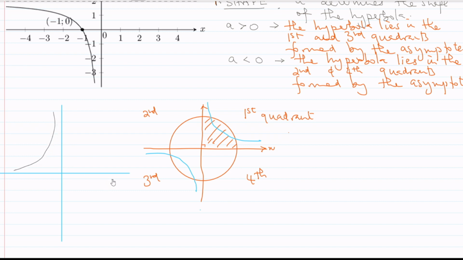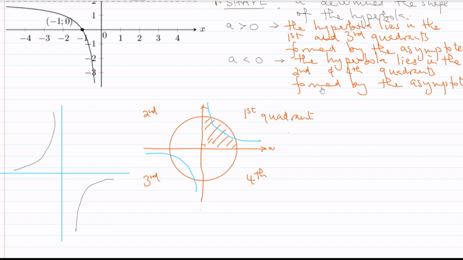So you can see here, I don't have to necessarily write in the circle. So we treat this as the first quadrant, second, third, fourth. So our graph lies in the second and fourth quadrants, formed by the asymptotes.